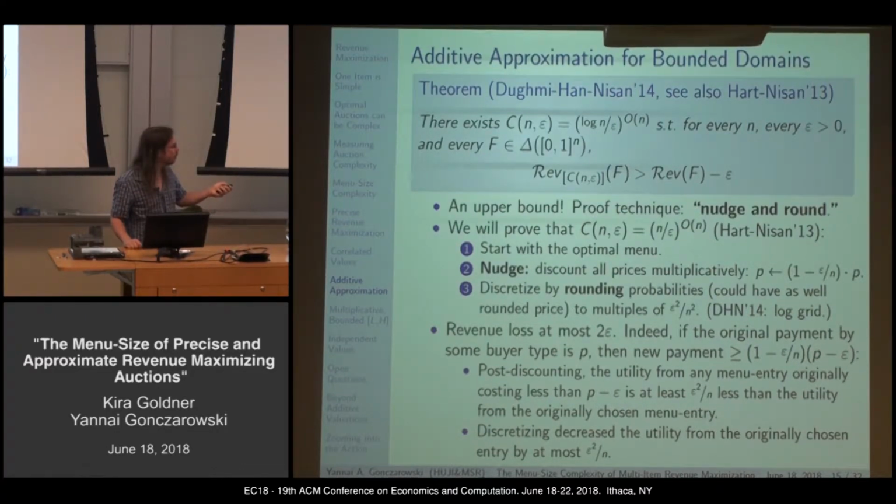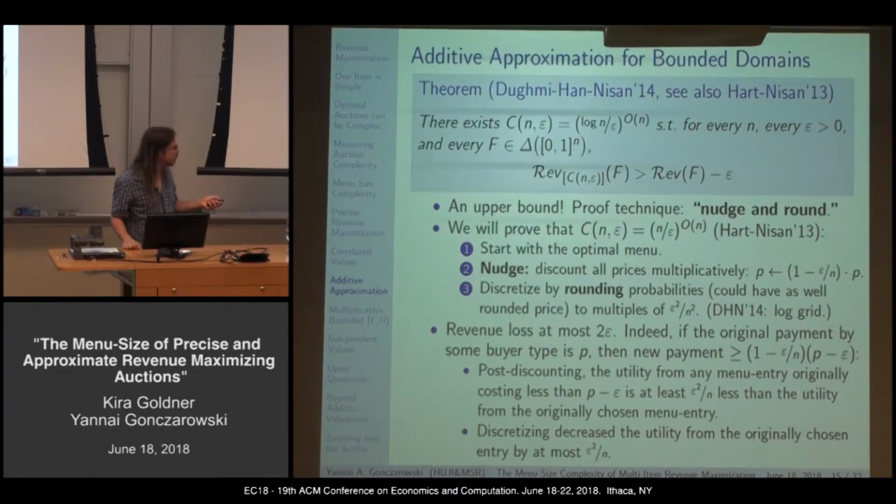Why? We've changed the probability of awarding each item by epsilon squared over n squared, and we have n items. So in total, we've changed the sum of all probabilities by epsilon squared over n. Anything is valued between 0 and 1, so the utility drop from the original entry was at most epsilon squared over n.